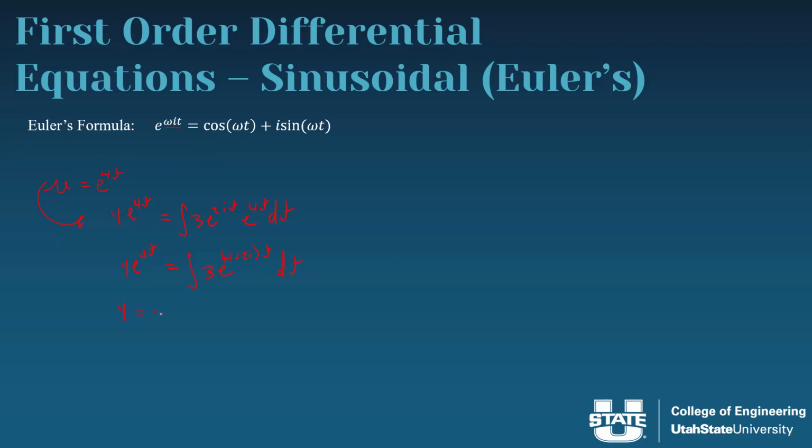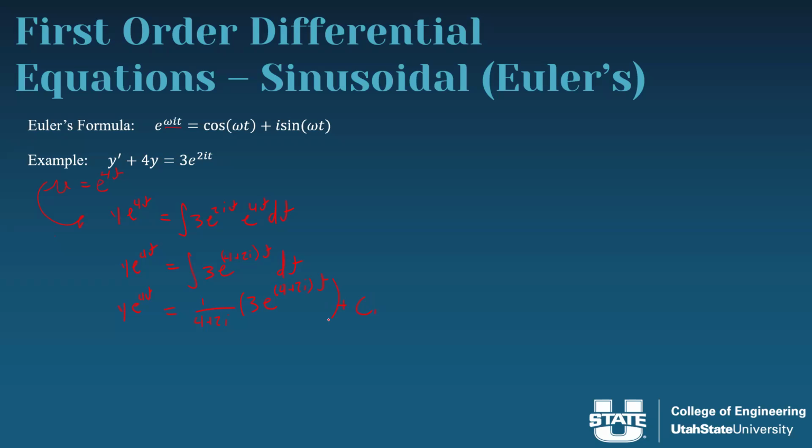And we have y times e to the 4t equals 1 over 4 plus 2i times 3 e to the 4 plus 2i t, and then plus your constant.